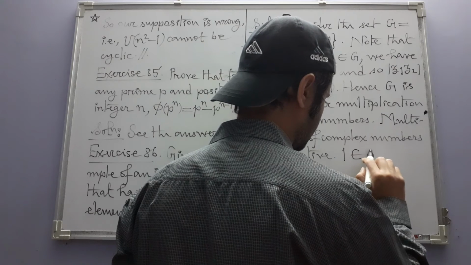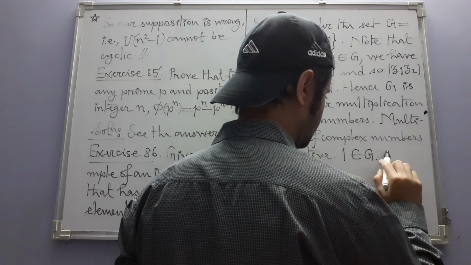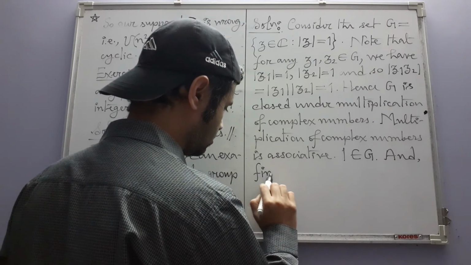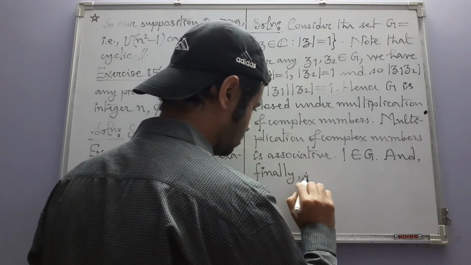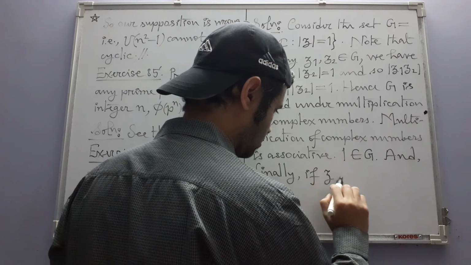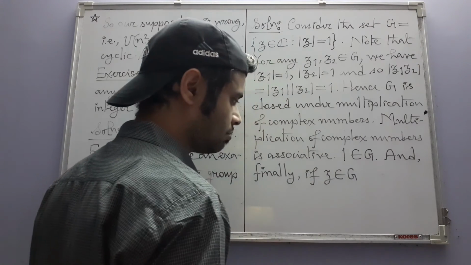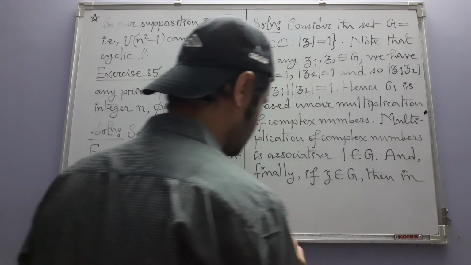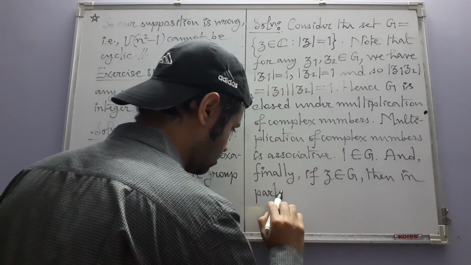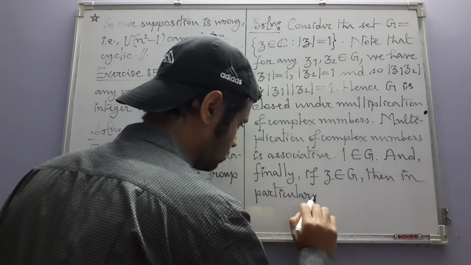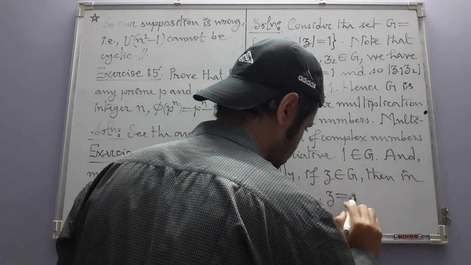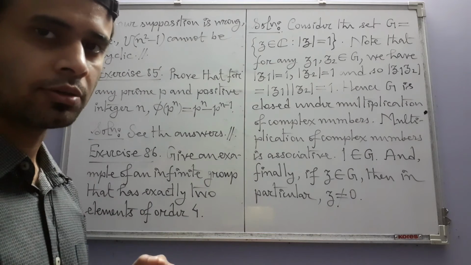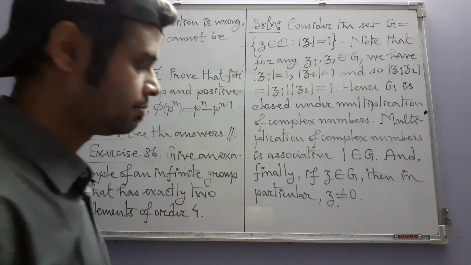The complex number 1 belongs to G, and finally, if Z is a complex number in G, then in particular Z is non-zero, because Z has unit modulus, so it cannot be equal to 0.